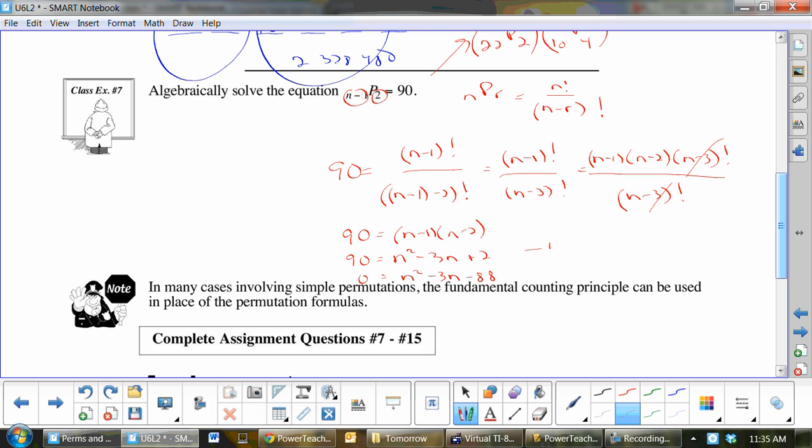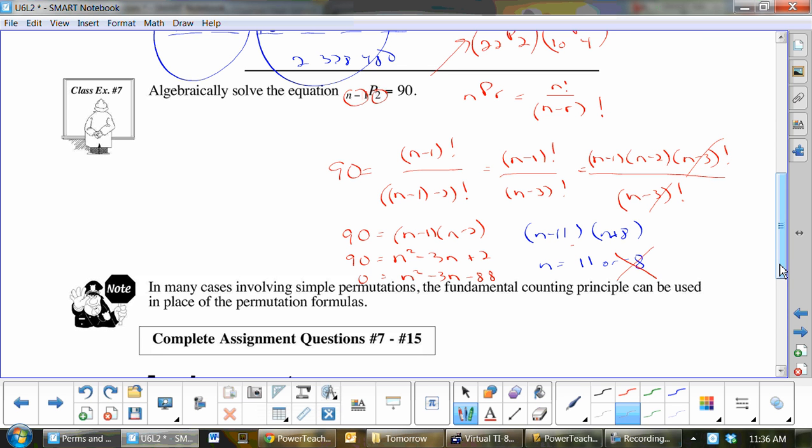So I'm looking for two things that add to give me negative 3, and when I multiply equal negative 88. Negative 11 and 8: n minus 11, n plus 8. So n equals 11 or negative 8. And it can't be negative 8 because n must be a whole number.